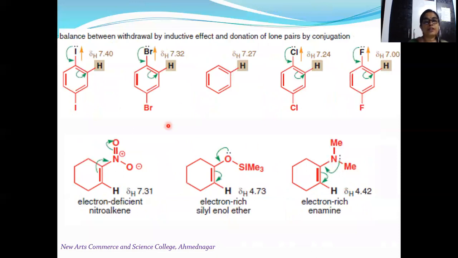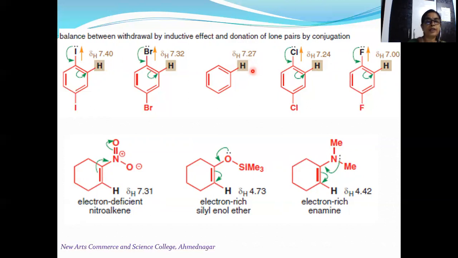This is a very interesting example where we are having all haloarenes, that is iodobenzene, diiodobenzene is there, dibromobenzene is there, this is benzene, para-dichlorobenzene and difluorobenzene. Let us take benzene as a reference compound whose protons show chemical shift value 7.27.